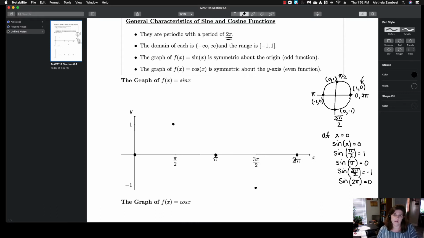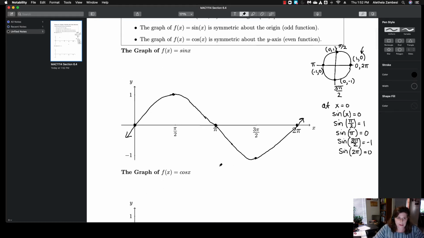I want you to plot those 4 points of the primary period and then draw it in as curvy as possible from there. Essentially, if it doesn't look like triangles, you're in good shape. And this is the basic sine function graph.